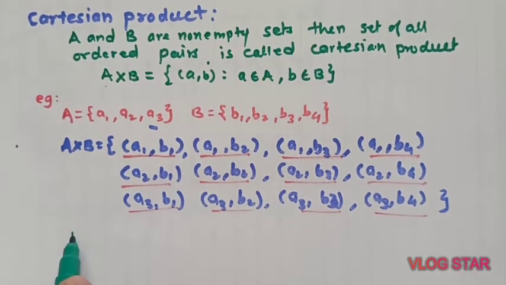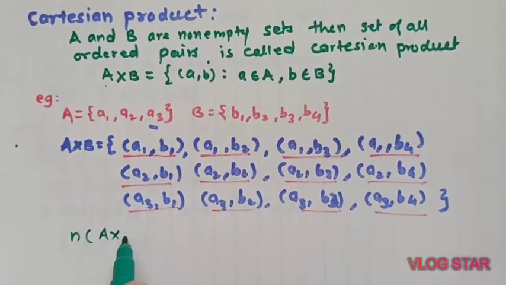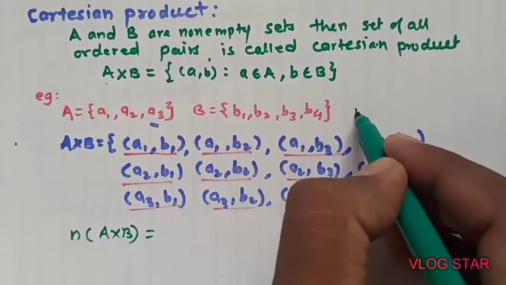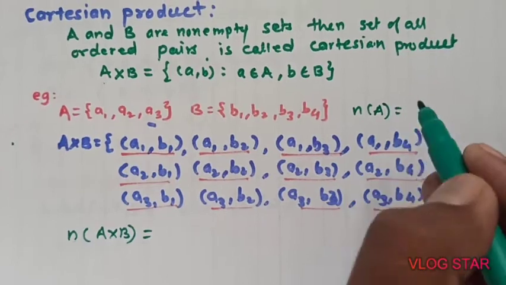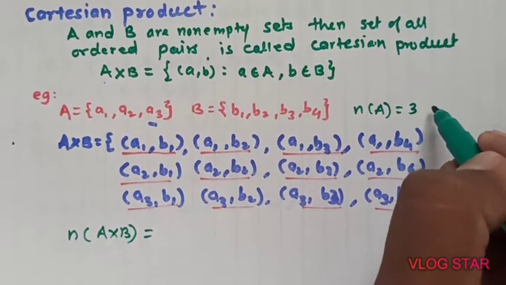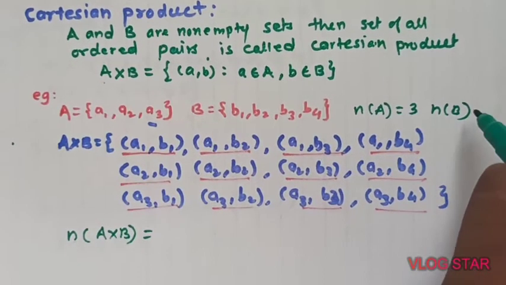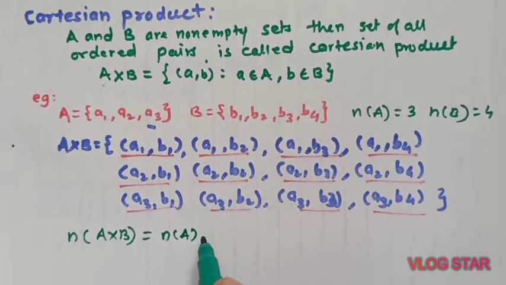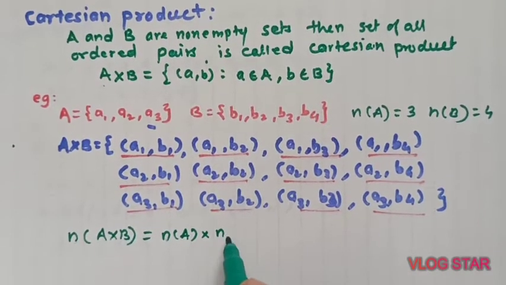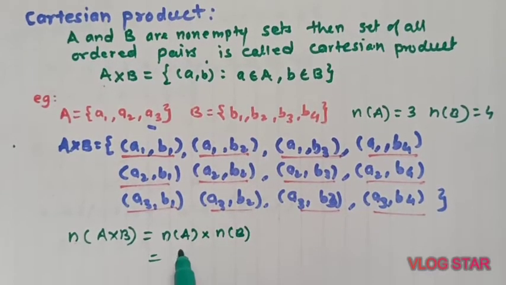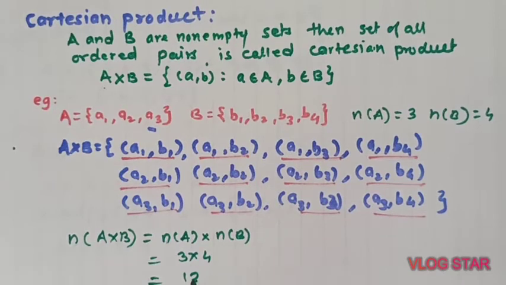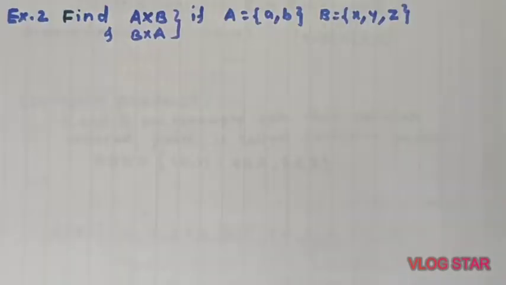I want to know number of elements in A cross B. It is same as how many elements in A. We have here number of elements in A 3 and number of elements in B 4. So indirectly it is n of A into n of B. So that is 3 into 4, 12 members. And here we have 12 members in this set.